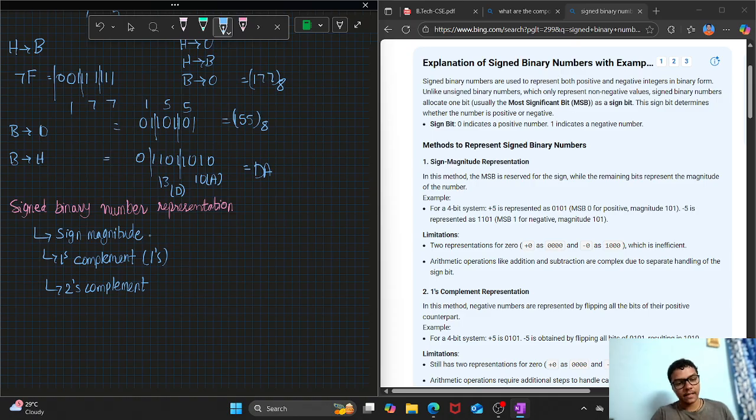So the sign magnitude is basically, if the MSB is 0, that means the number is positive. If MSB is 1, number is negative. Remaining bits determine the magnitude.